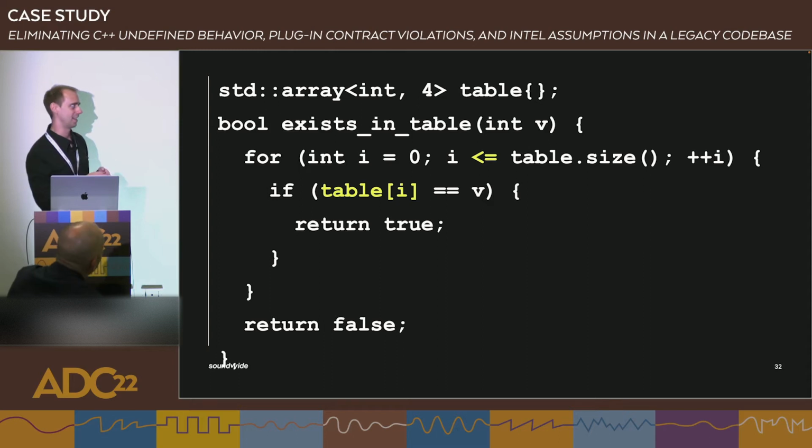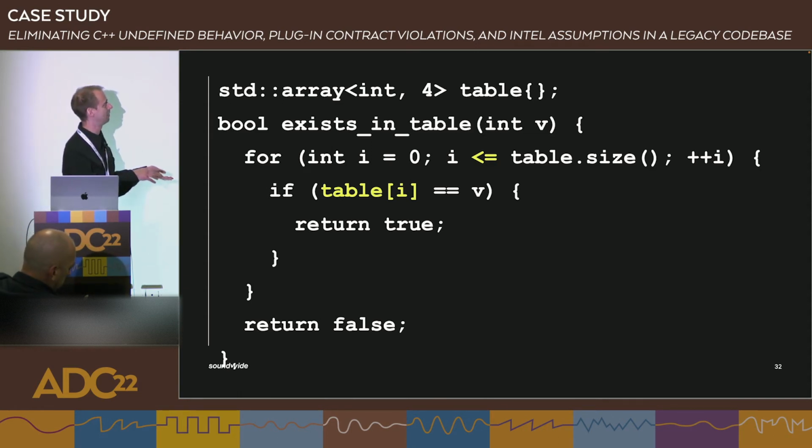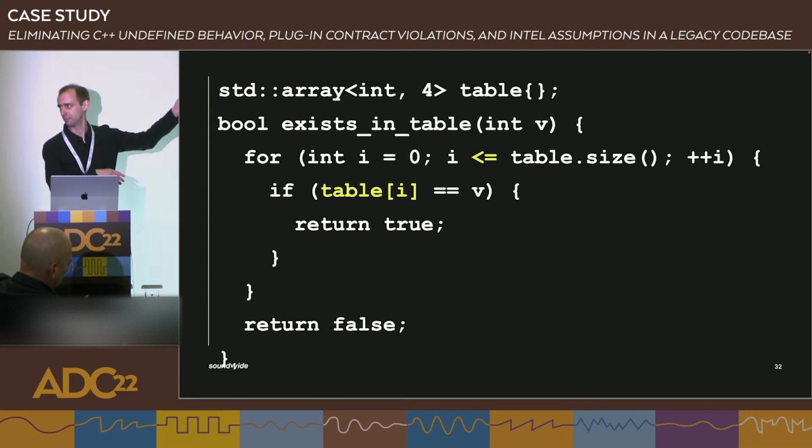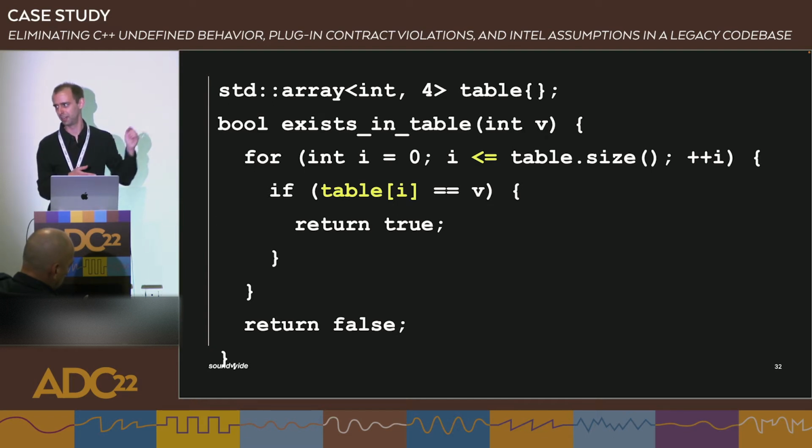And what's really interesting is what the compiler does when it sees this. To understand the compiler's chain of reasoning here, let's break it into two cases. In one case, the integer is in the list, and it's going to loop through and, before it gets the out of bounds number, return true. In the other case, when the value isn't in the list, we're going to loop through until it accesses, when i equals 4, undefined behavior.